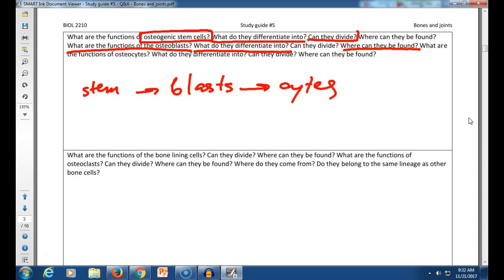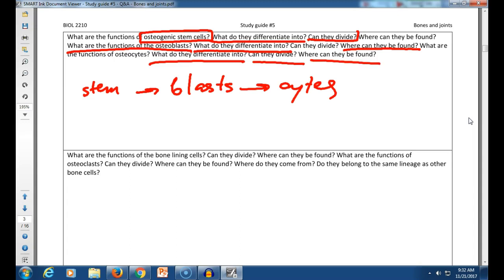Osteocytes, what is their function? Maintenance of the matrix. They don't make a lot, they just maintain the integrity. What do they differentiate into? They don't differentiate. They're terminally differentiated. Can they divide?